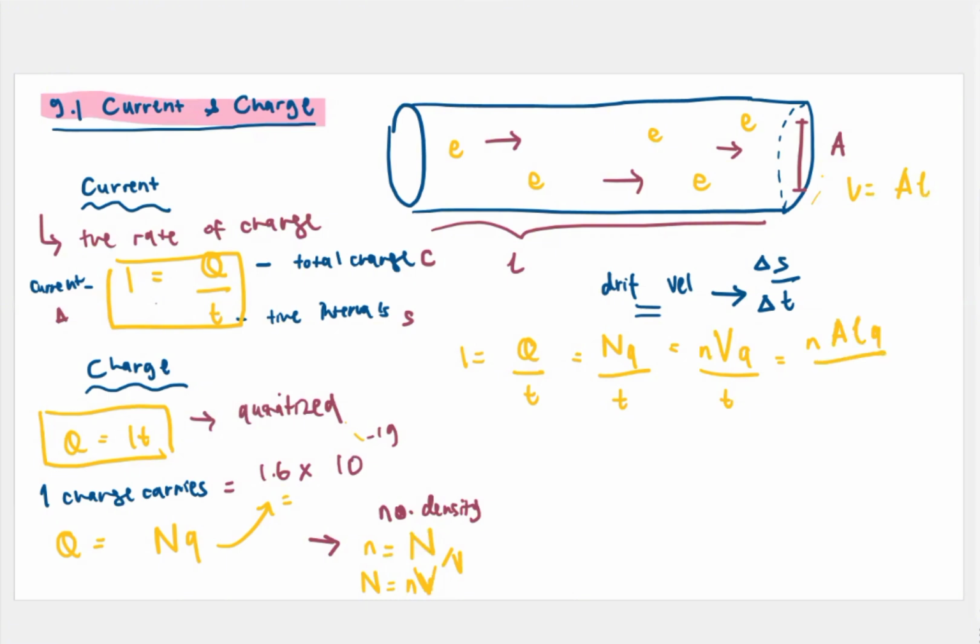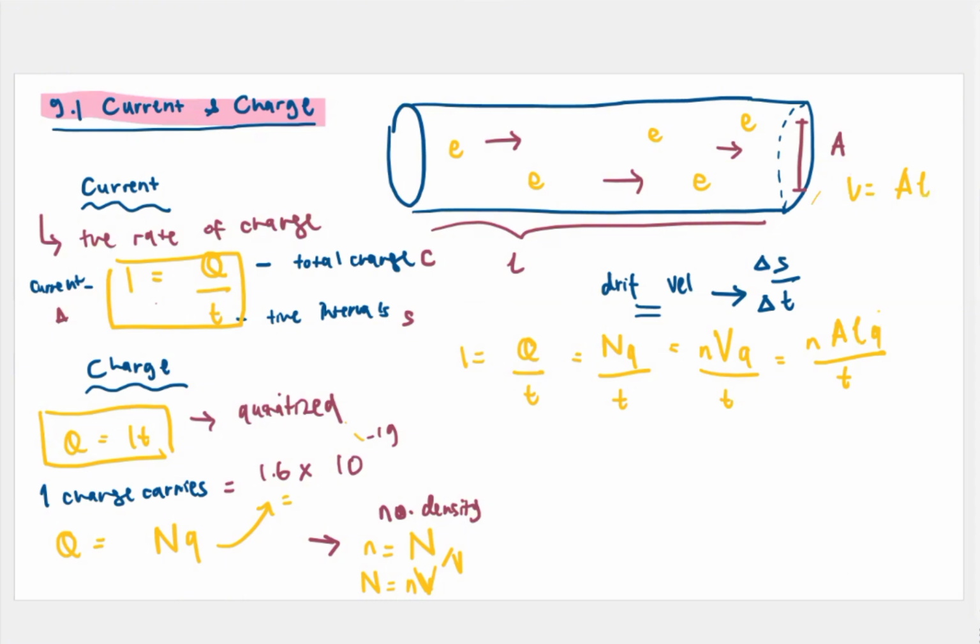And finally, our last derivation, since we know that velocity is s per time, or the displacement, let's take a look at the wire. Oh, so actually the electrons travel along the length of the wire. So the s here is actually the length. So we could plug that in.